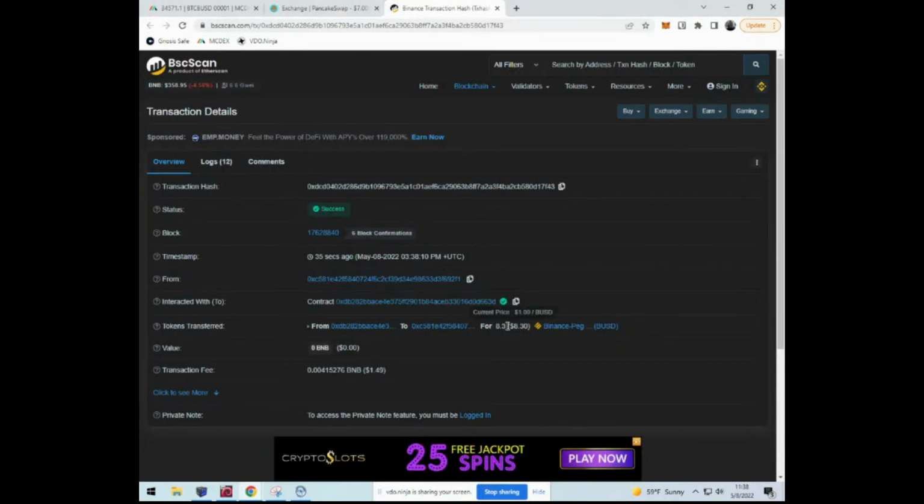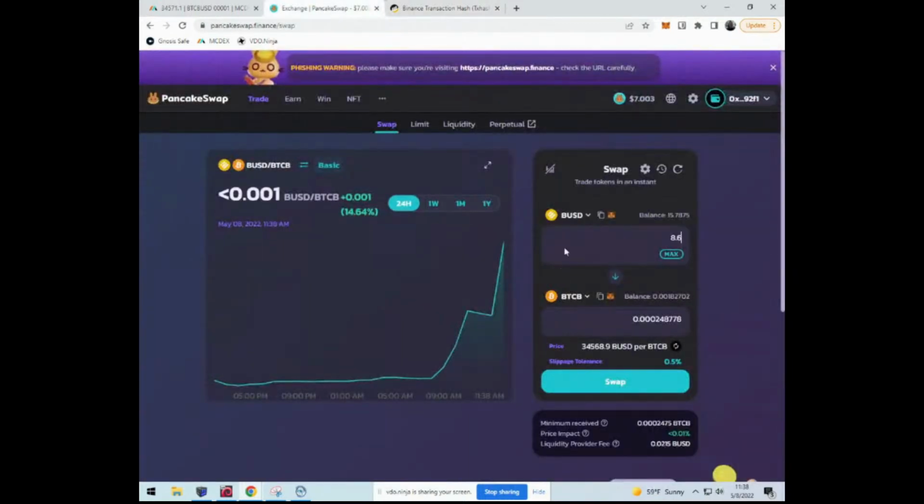So then we're going to take this $8.30 that we received back from our margin requirement and put it into buying more Bitcoin. Since the price of Bitcoin is lower, it makes sense to take some of that BUSD and swap it into more Bitcoin, effectively lowering our cost of entry on that long.